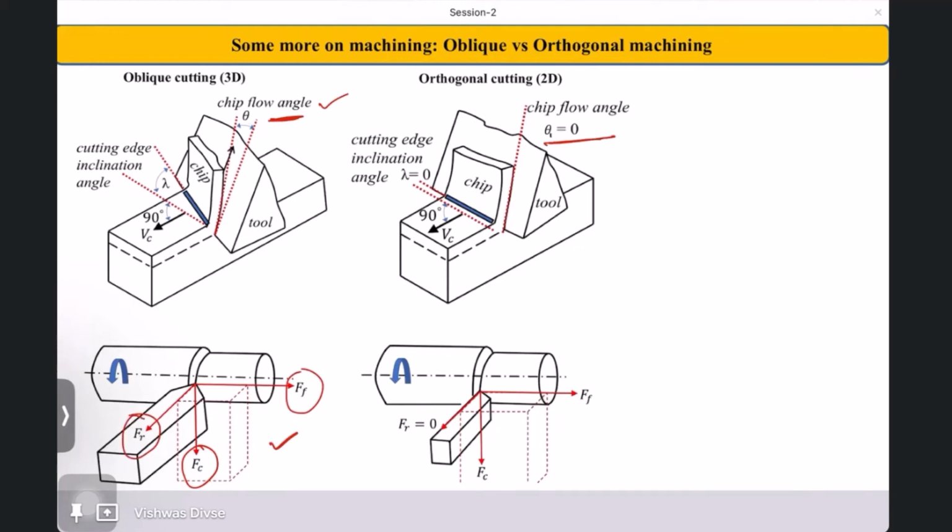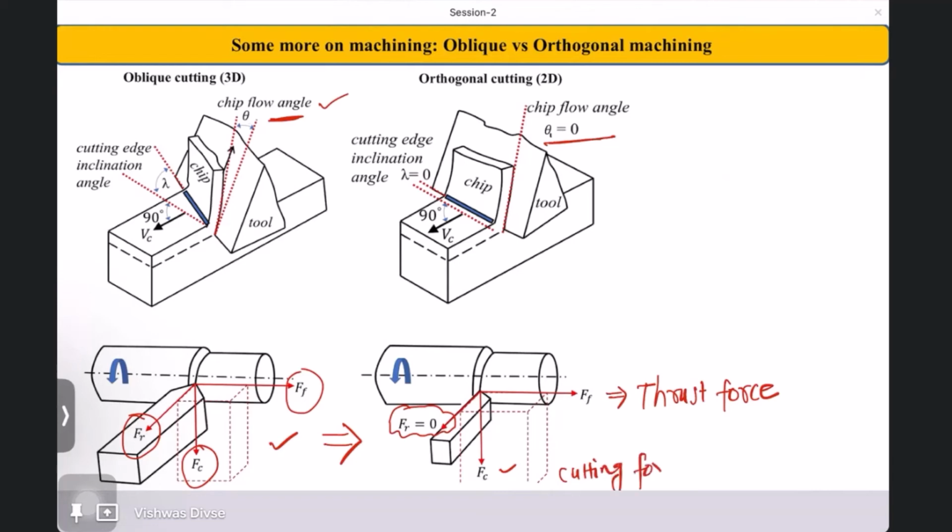And if the chip flow angle is zero, the radial force vanishes and our 3D components will simply convert into only two major components. One is called the cutting force, the other is the feed force. It is also called the thrust force. In machining terminology, it is called the thrust force, and Fc is called the cutting force.